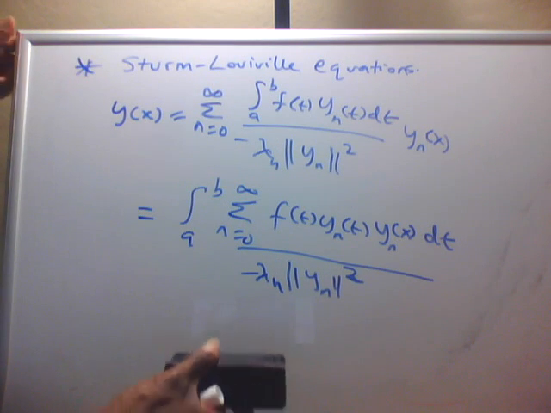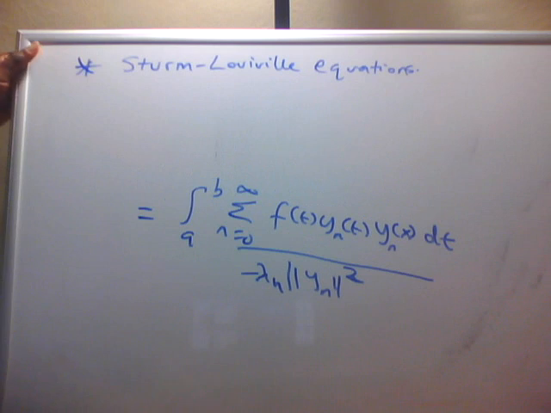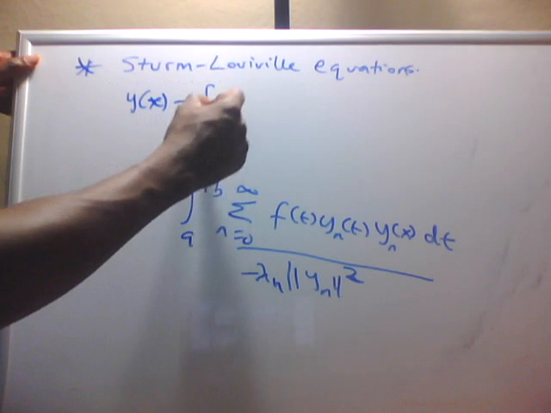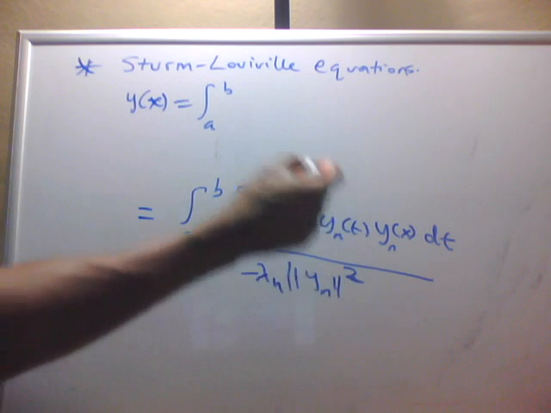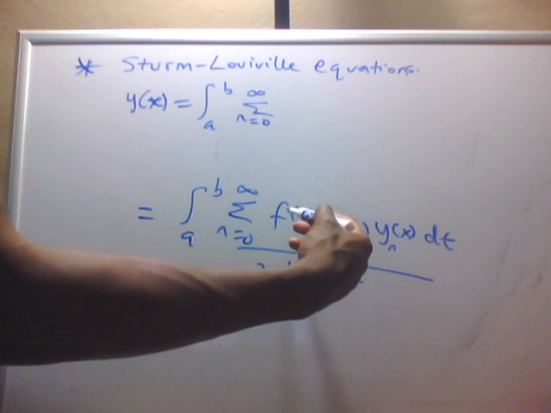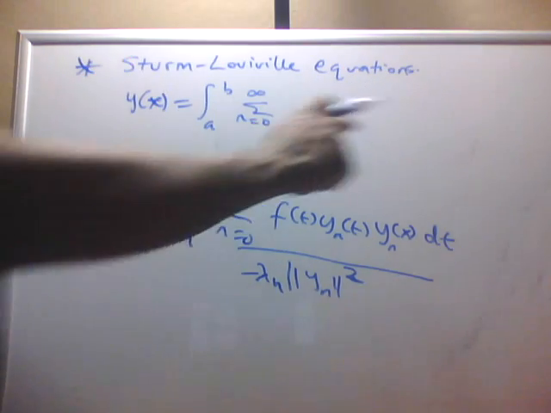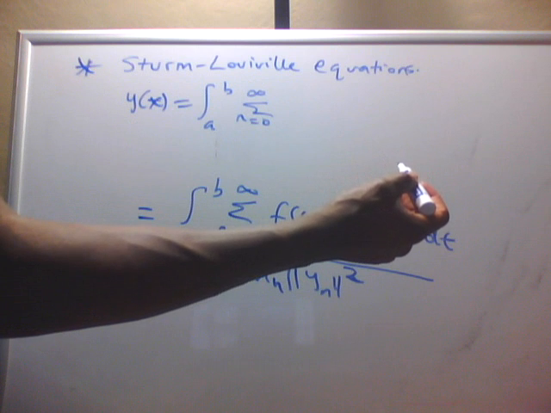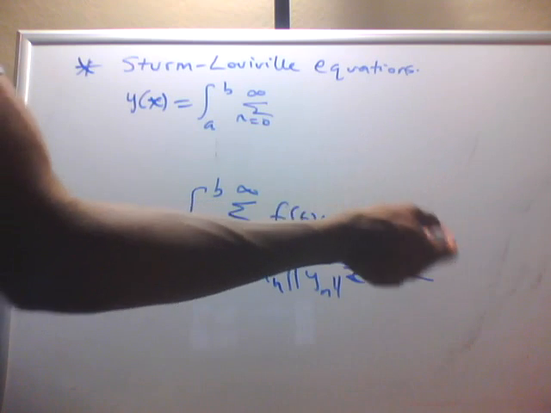Okay, if I were to write this as y(x) equals the integral from a to b of the sum from n equals 0 to infinity, I'm just going to pull the f(t) to the other side.